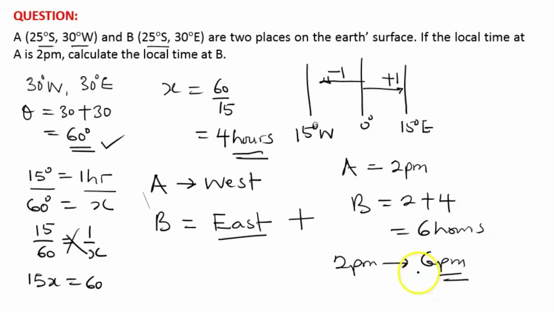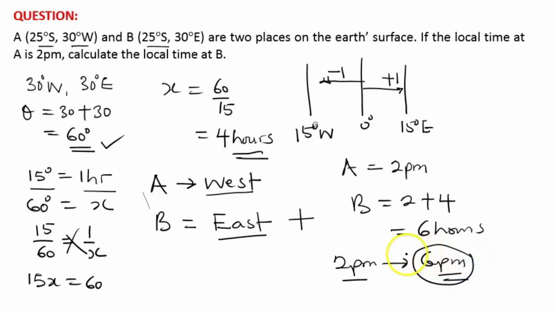So this is what we are going to do. Whenever you find the time difference, the next thing to check is which direction they are. If it's towards the west, you subtract that time from it. If it's to the east, you add that time to it. So 6 hours from 2 p.m. is going to give us 6 p.m.